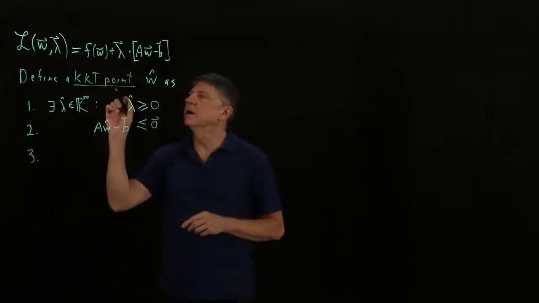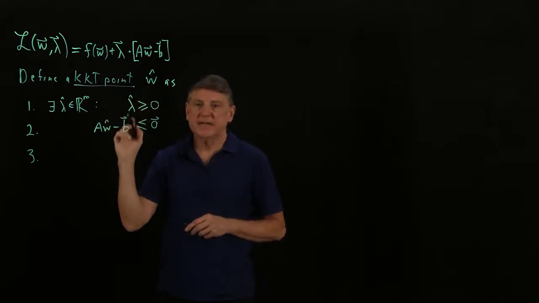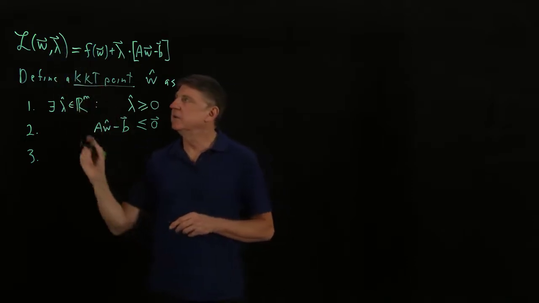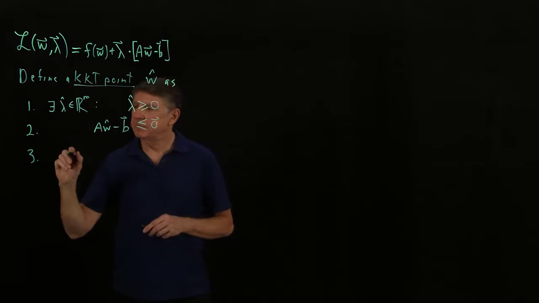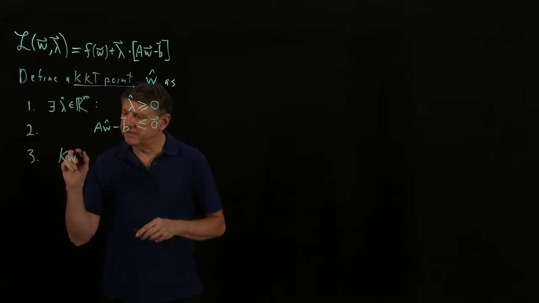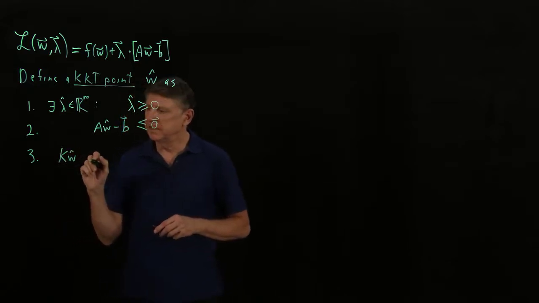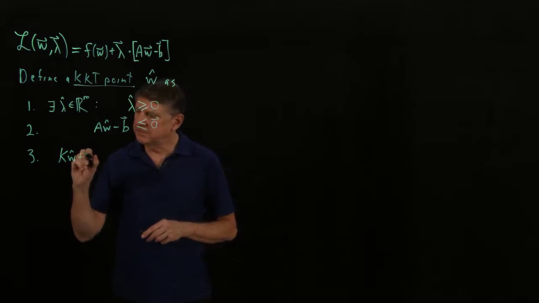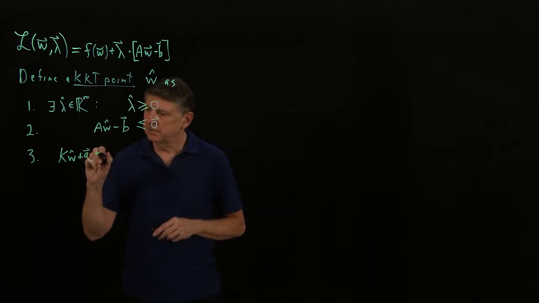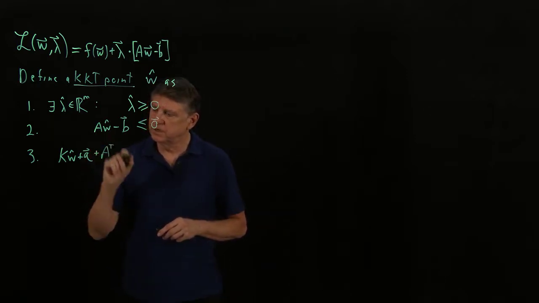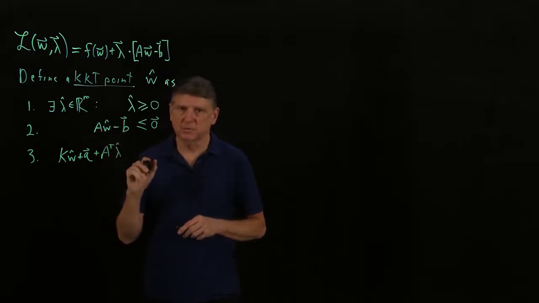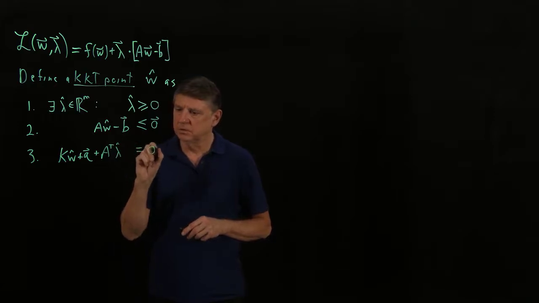The third requirement, the third part of point W hat being a KKT point, is that it's a stationary point of the Lagrange function. When we differentiate the Lagrange function, that means that we have the symmetric positive semi-definite matrix K times the KKT point plus the objective vector plus the transpose of the constraint matrix times the Lagrange multipliers, and that has to equal 0.